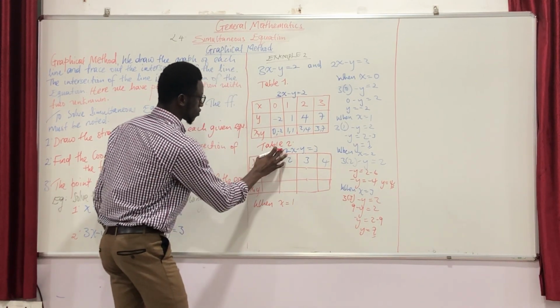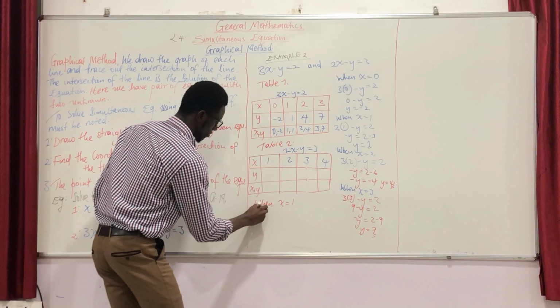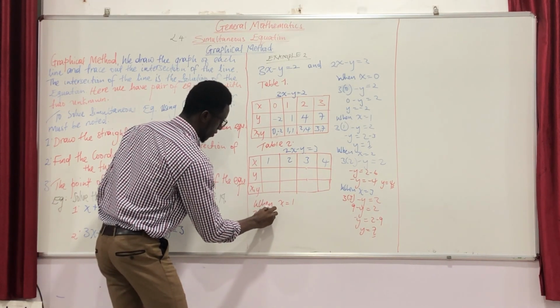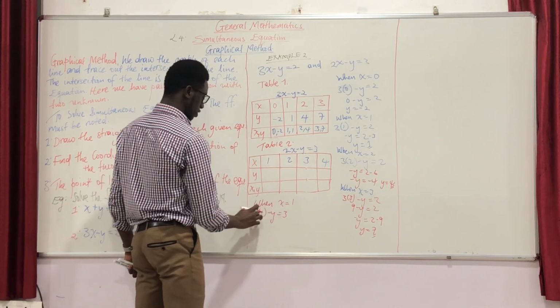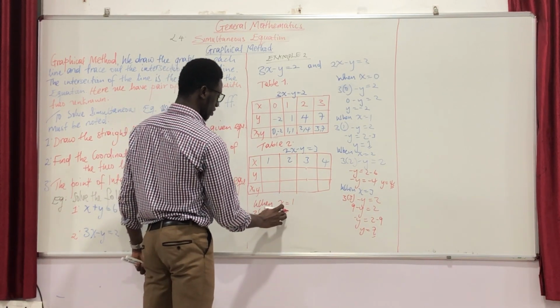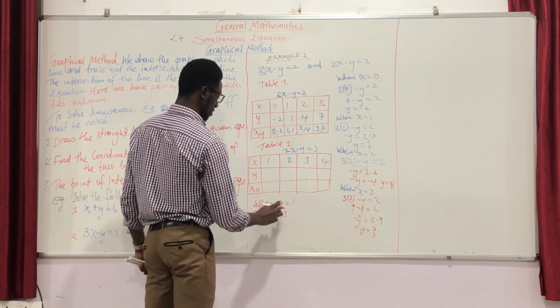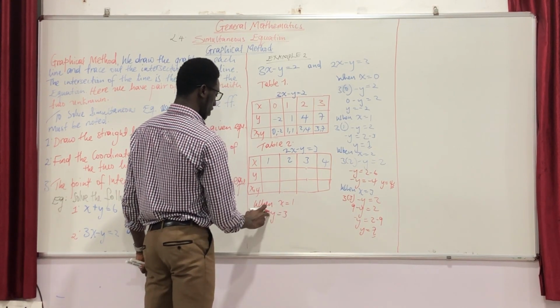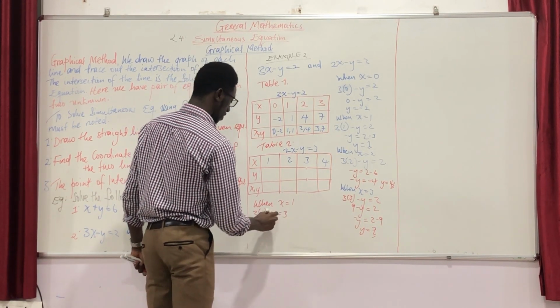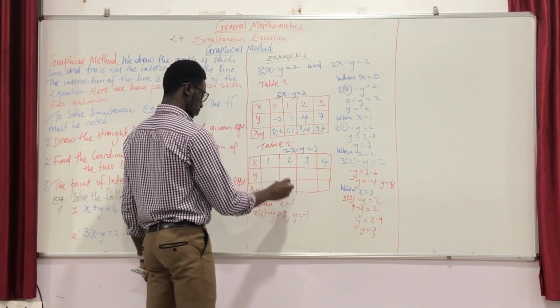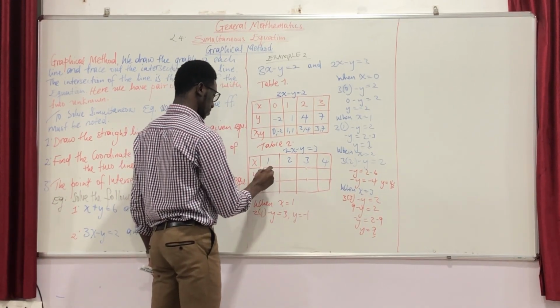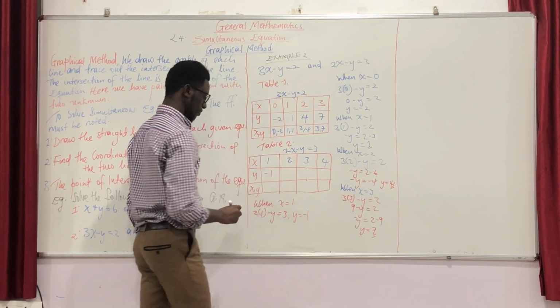We say 2 into 1 minus y equals 3. Now we transpose this 2: 3 minus 2 is just 1. Now we divide both sides by minus, so our y becomes minus 1. So when x is 1, y is minus 1.